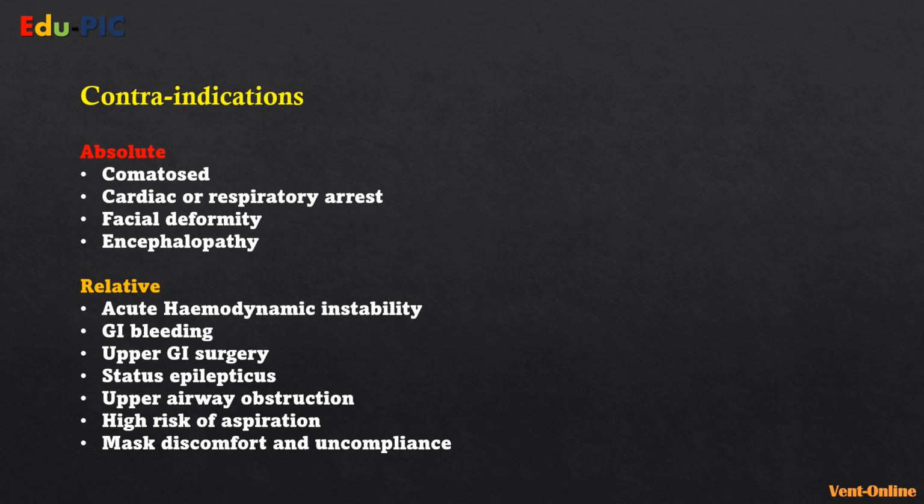Status epilepticus is a bit controversial, but it goes with the idea of losing consciousness and not securing airway in some instances. Upper airway obstruction, because if there's upper airway obstruction, then most of what you're delivering is not really getting there. High risk of aspiration, as we said. Mask discomfort and non-compliance can sometimes be a relative contraindication in some scenarios.